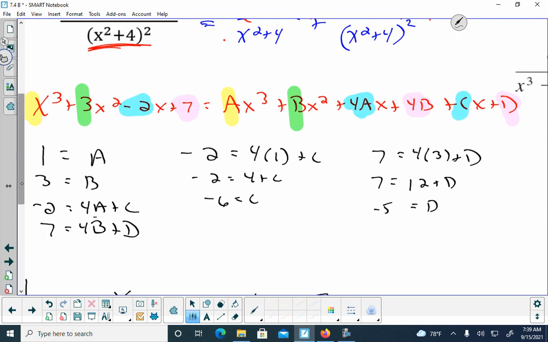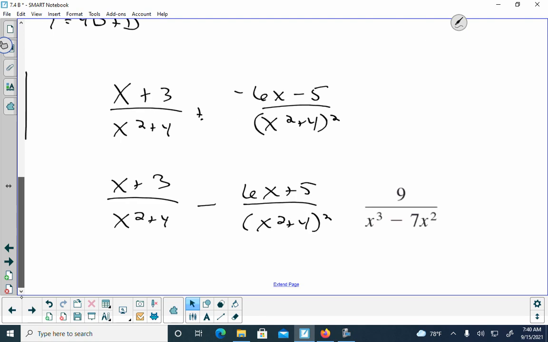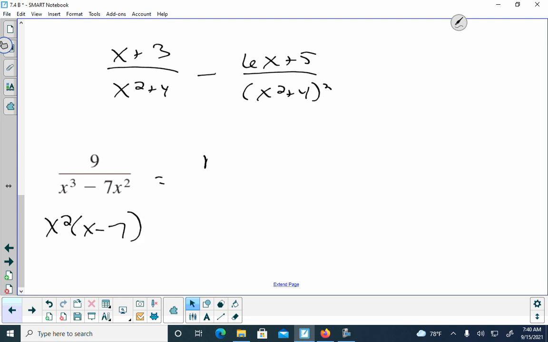Okay, grabbing the next one. This one has a repeat linear, so go ahead and pause the video and try the repeat linear. Okay, what you should factor is x squared as x minus 7. So this will be a over x plus b over x squared plus c over x minus 7.